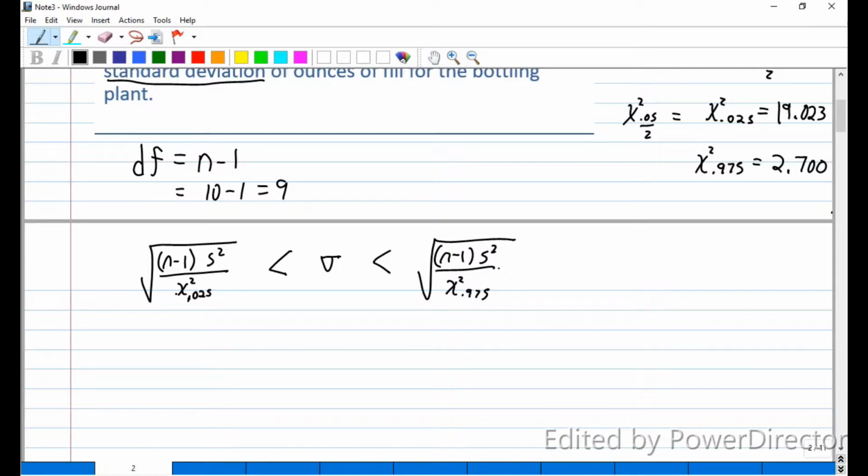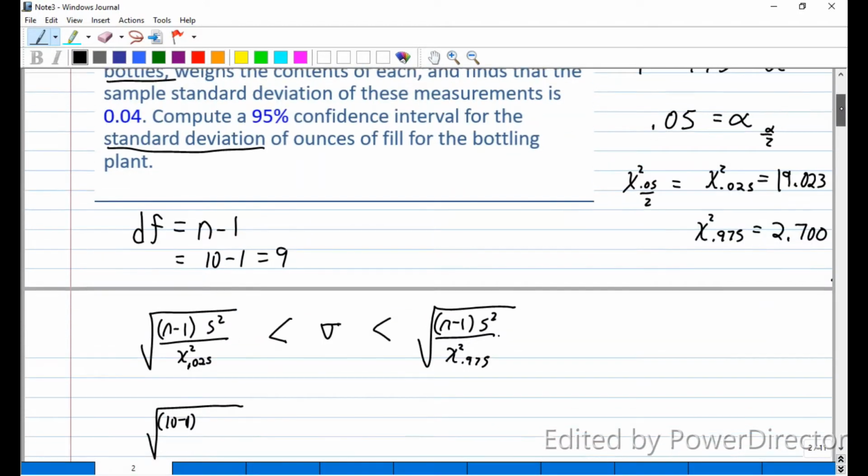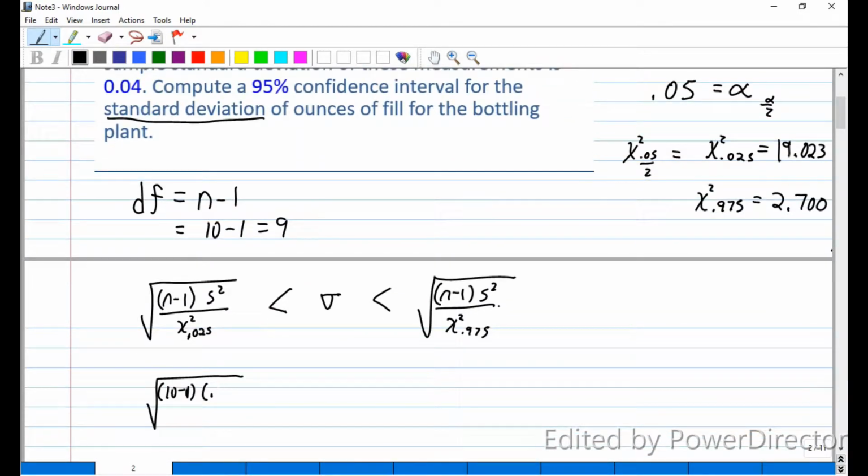We're just going to plug our numbers in. So we have the square root of 10 minus 1, pretty sure we know what that is, times s squared. What was our s? Our s was 0.04, so 0.04 squared divided by that critical value that we got, 19.023.